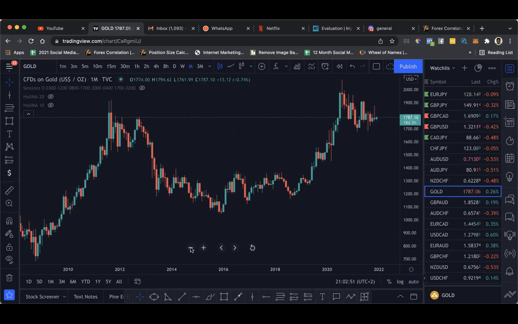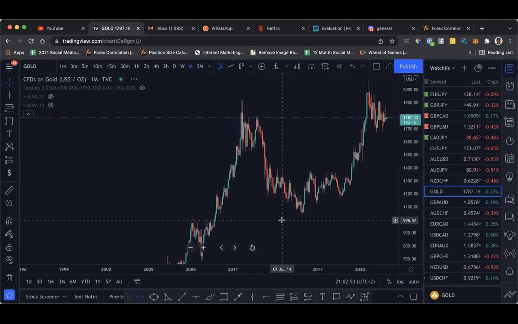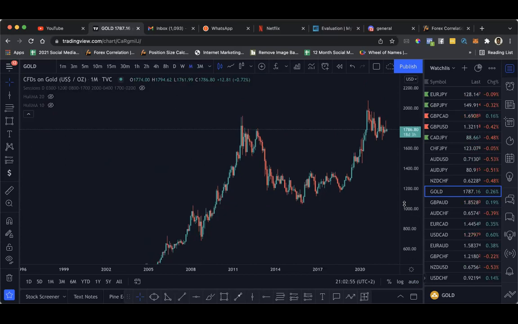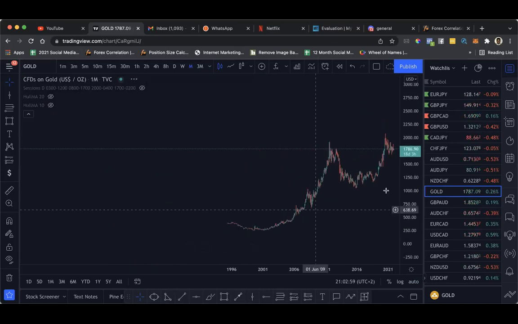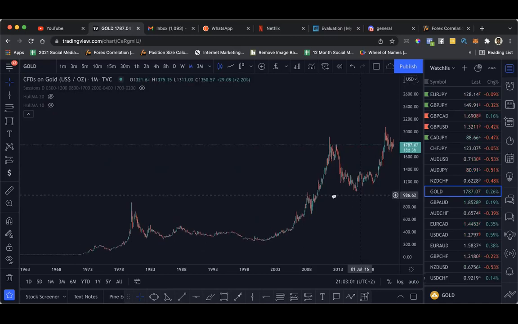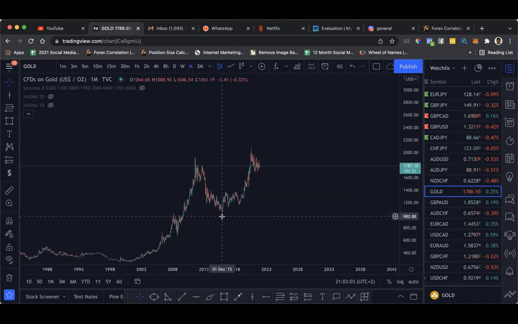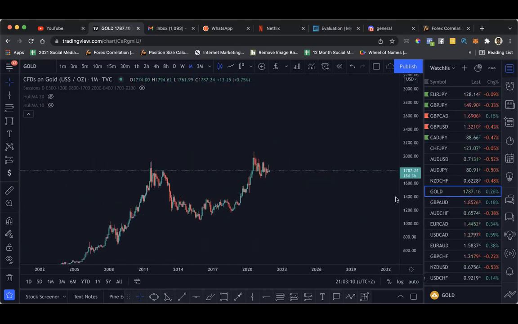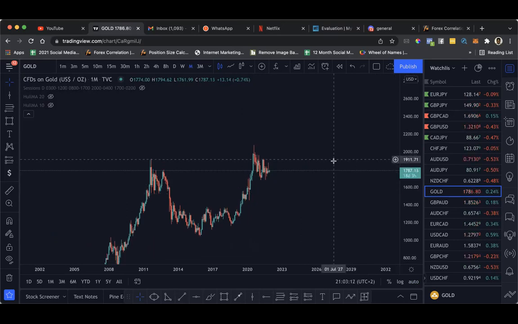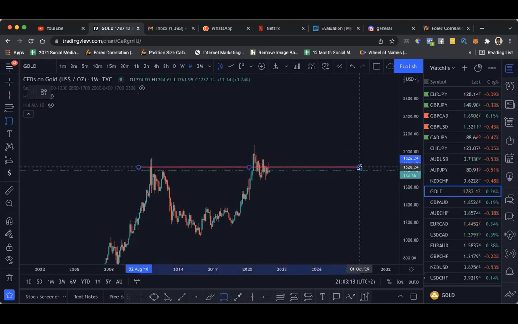Okay, guys, always try to do your analysis from the monthly. It will give you a better perspective of what the market is trying to do. Okay, so gold. On the monthly charts, price has broken a break of structure zone.